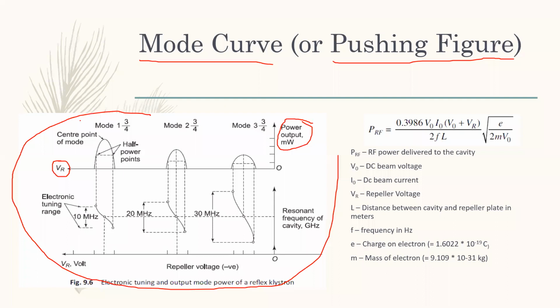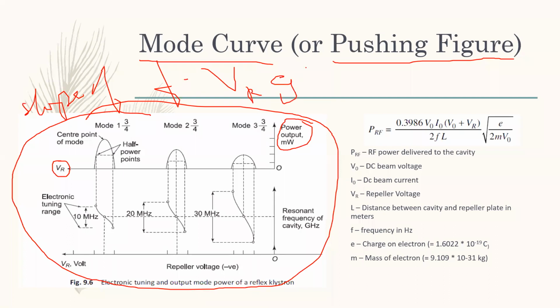So therefore, what we specify is the slope of the F and VR graph. It will be represented by the slope of the frequency and repeller voltage graph.